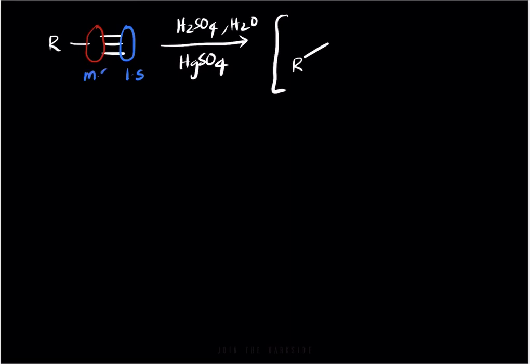So this is more substituted, so the red one gets OH. You lose the 2 electrons, and these 2 electrons then bond with the hydrogen. So you end up with this structure, which is called an enol. It's a combination of an alkene and alcohol.